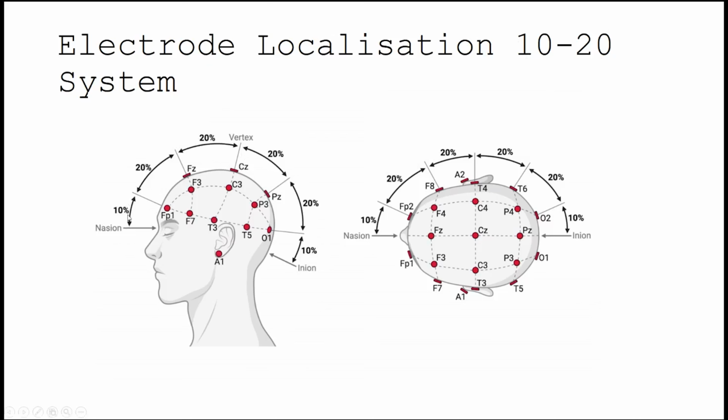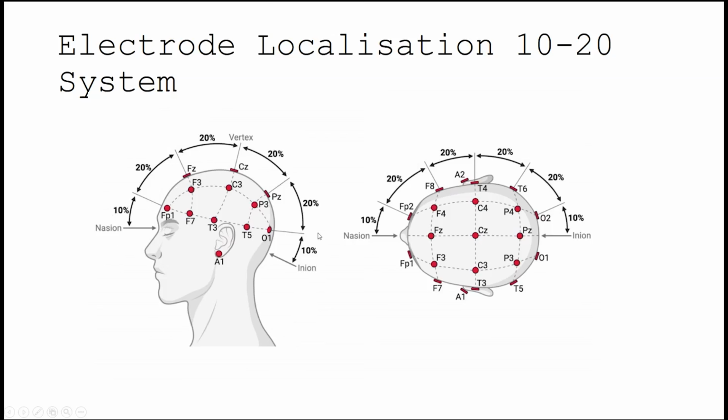So you move 10% of the circumference toward the top, and there is where you have the first electrode, which is called FP1. And then the next are 20%, 20%, 20%, 20%, 10%. So if you count together, altogether you're going to have 100%.